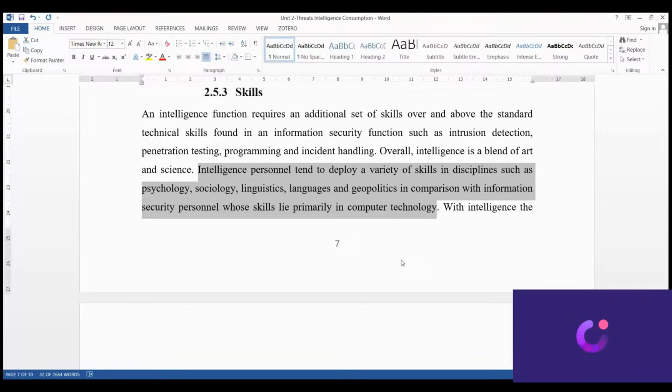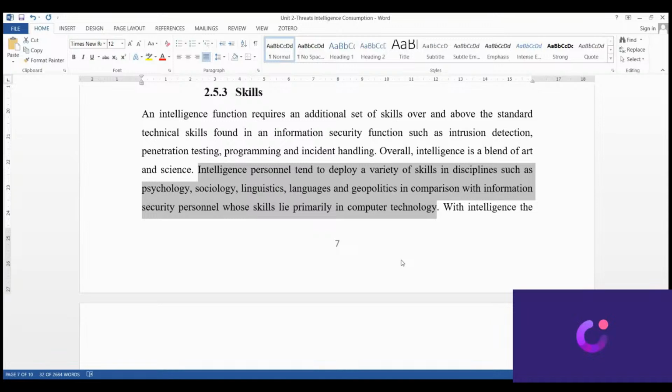The intelligence personnel consider so many disciplines in order to understand what is being advanced by the attackers. So they first need to understand the psychology, the sociology, the linguistic aspect.